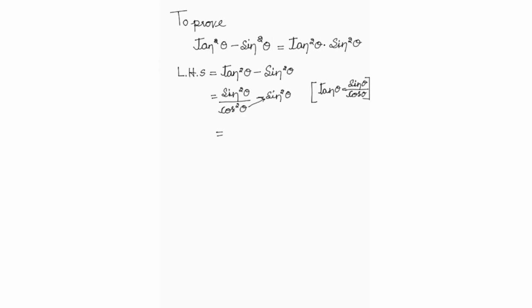Let's see. So sin square theta remains there and then minus sin square theta into cos square theta, whole divided by cos square theta. Okay.